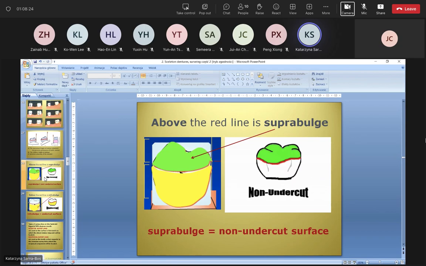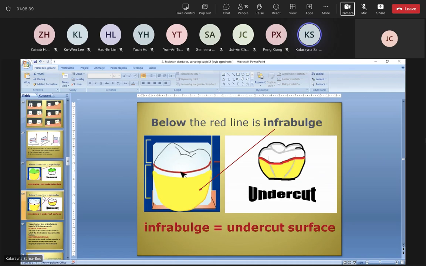Okay, and above the red line, above the cervical line, it is the suprabulge, non-undercut area, non-undercut surface. And below the red line, below the cervical line, we have the infrabulge, the undercut area, undercut surface.